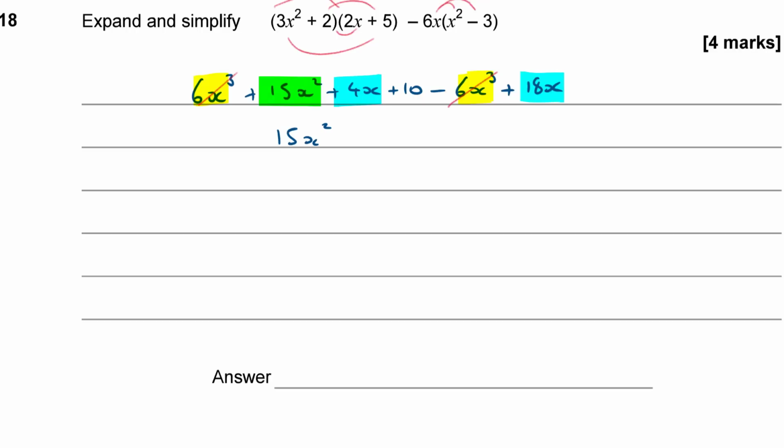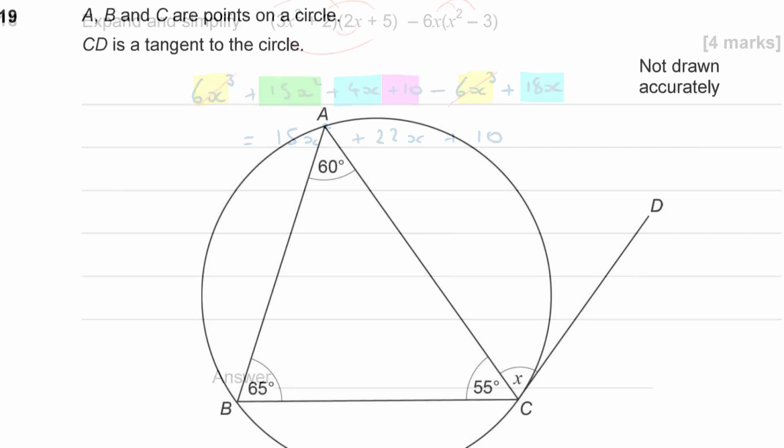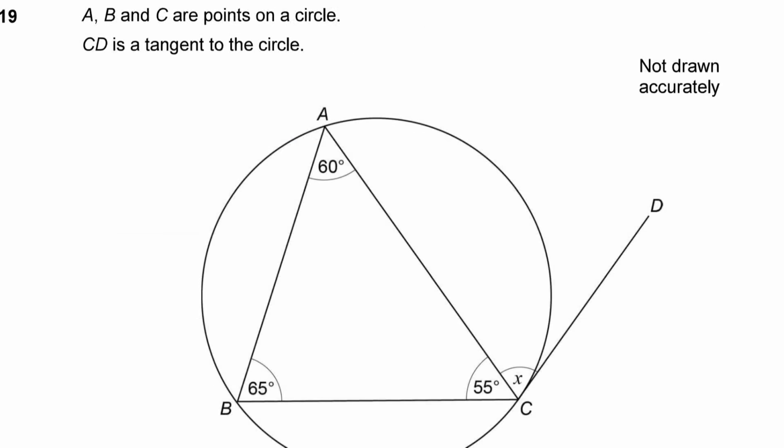So 4x plus 18x is 22x. And finally, have I got any constants? Yep, I've got 1 there, look. So plus 10. Okay, so I've got 15x squared plus 22x plus 10. Well, that was quite easy, wasn't it? All done, 4 marks. Okay, on to circle theorems.